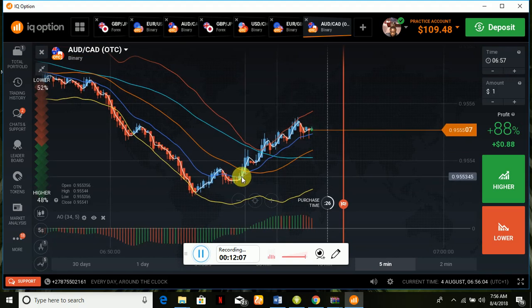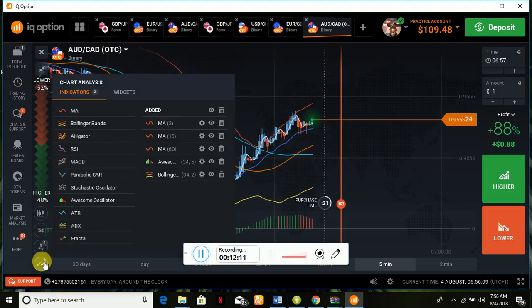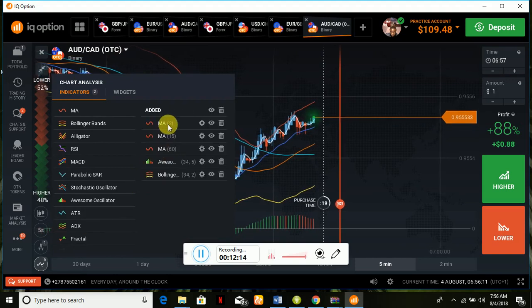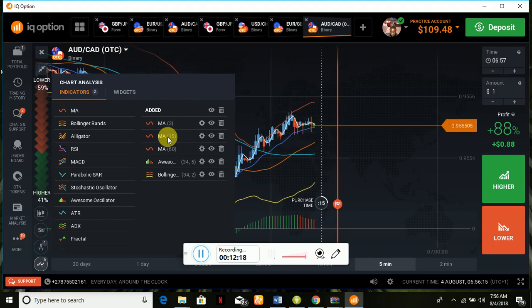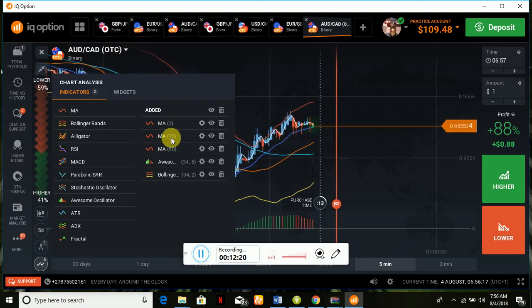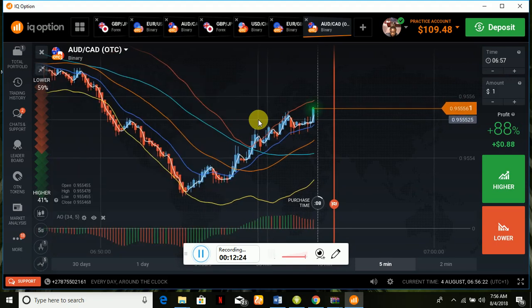So as you can see here, remember those two moving averages, your 2 moving average and your 15 moving average. You want to use these as your references.